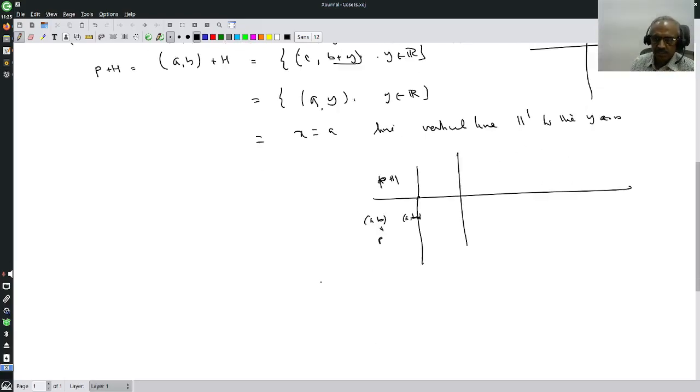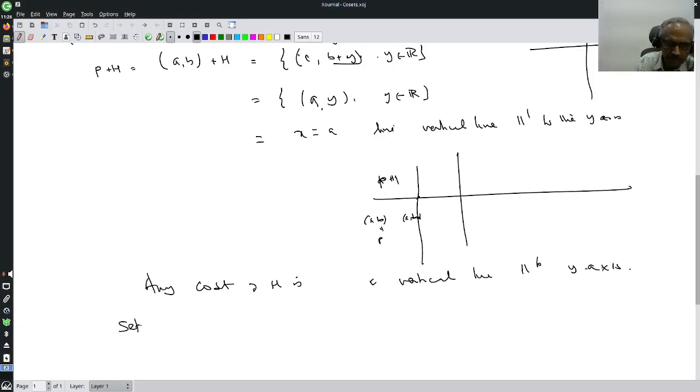Do you understand that? So any coset of H is a vertical line parallel to the y-axis, and therefore the set of cosets, that's a quotient set.